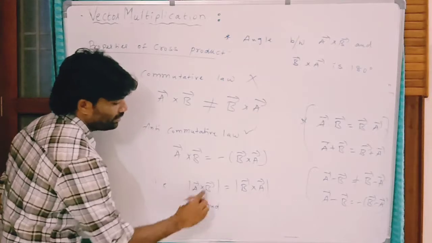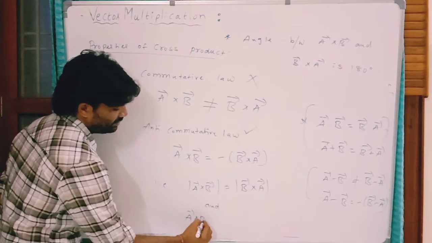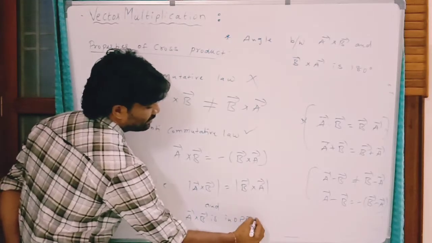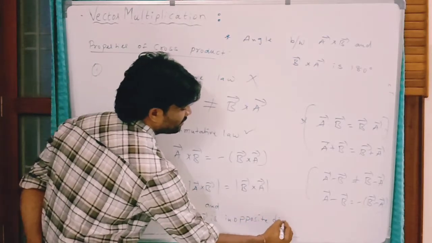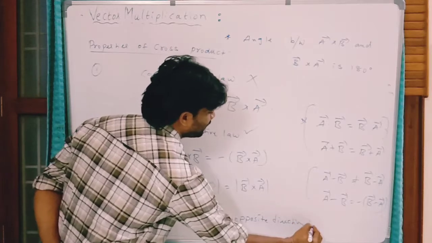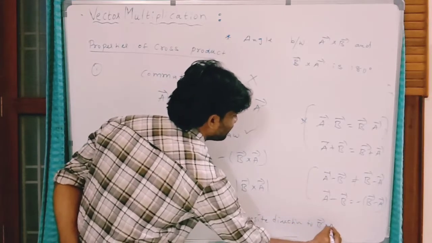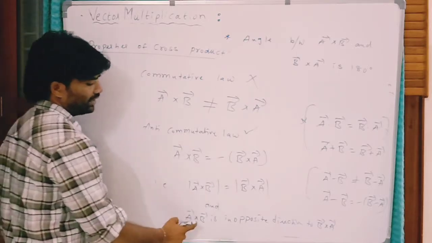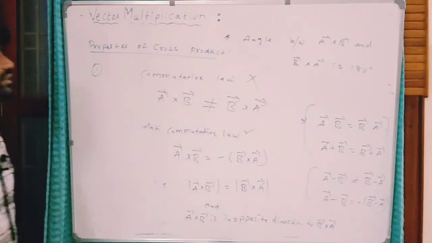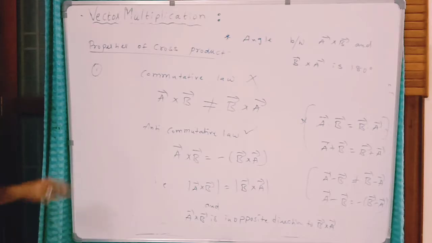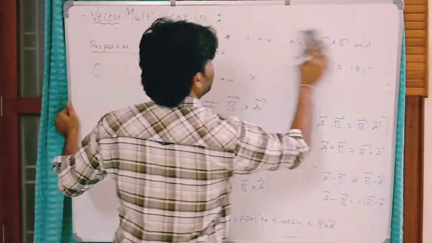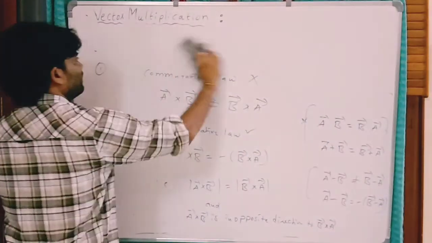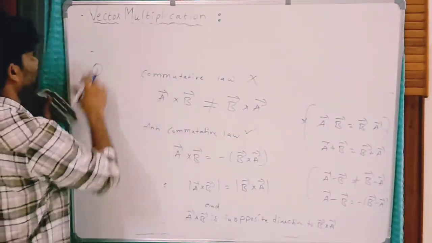And A cross B is in opposite direction to B cross A. This is the meaning of this equation. So it means the angle between these two is 180. Remember this, cross product doesn't obey commutative law, it obeys anti-commutative law, same as vector subtraction.